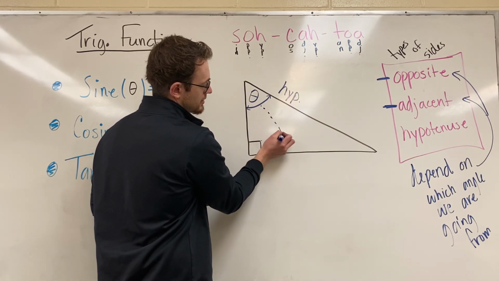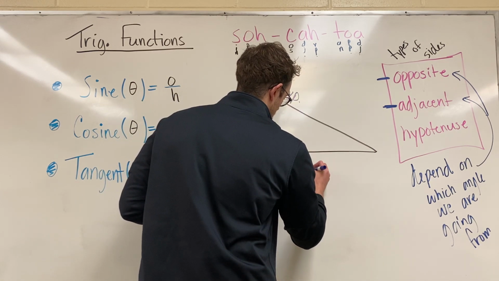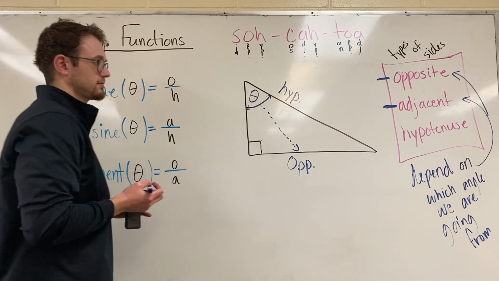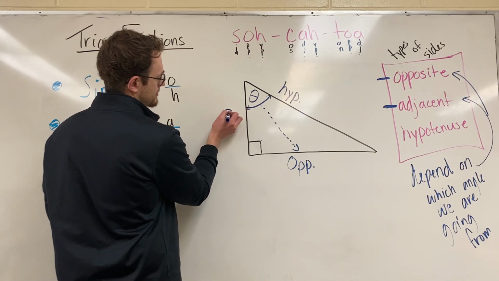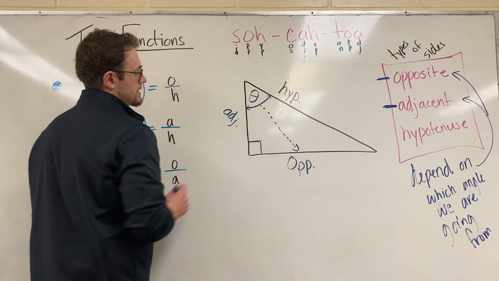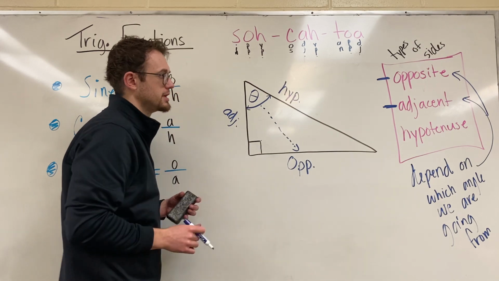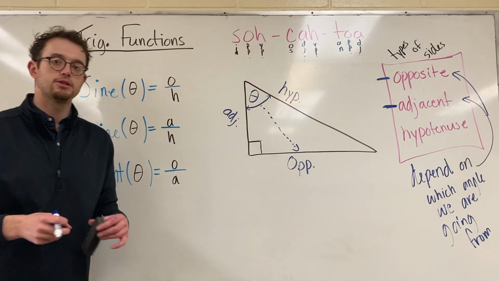Opposite would be over here. So this would be opposite, which makes this one adjacent. Now, some students always ask, isn't the hypotenuse also adjacent? Remember, the definition of adjacent means next to, close by.